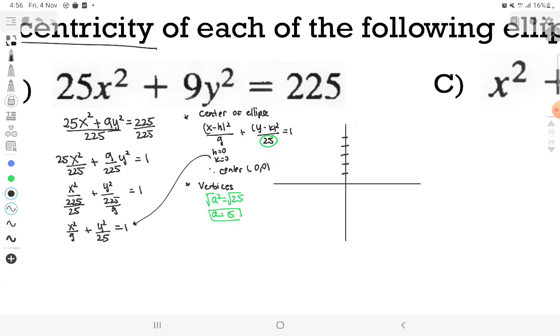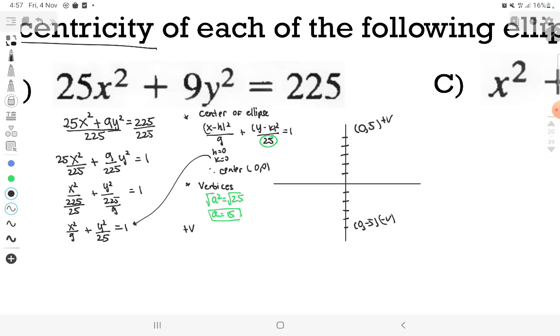So this will be at 0, positive 5, 1, 2, 3, 4, 5. We have our 0, negative 5. Notice that this will be my positive vertex, and this will be my negative vertex. Notice that at my positive vertex, we have 0, 5.